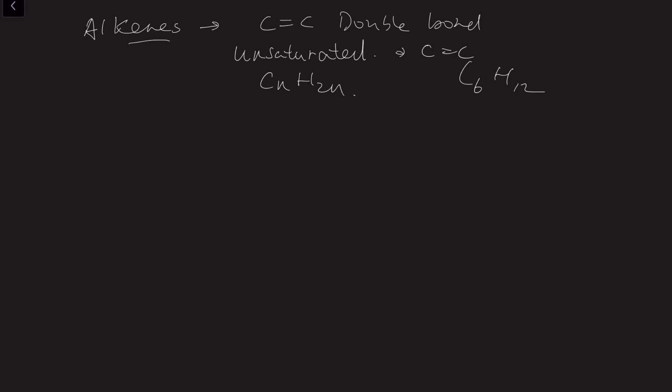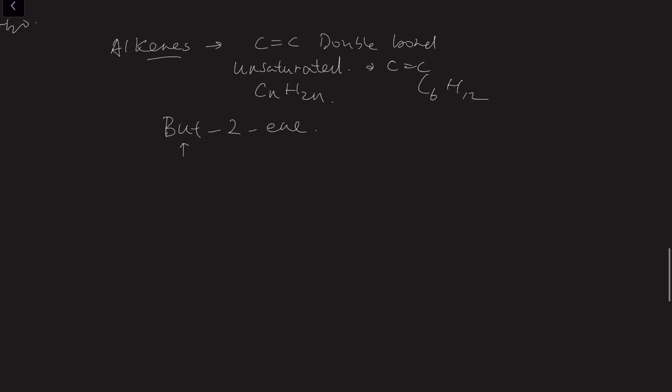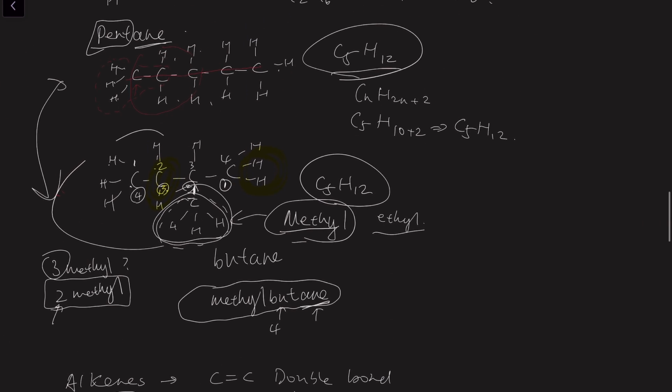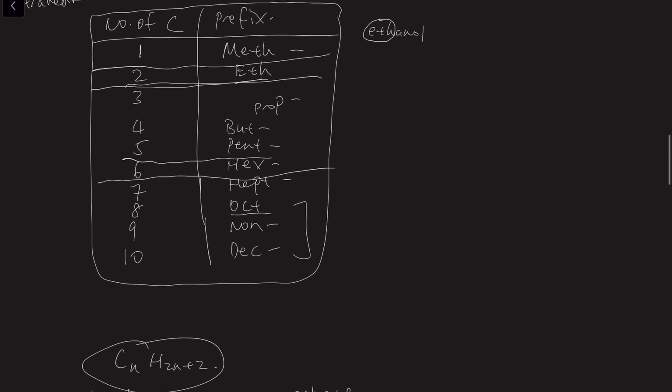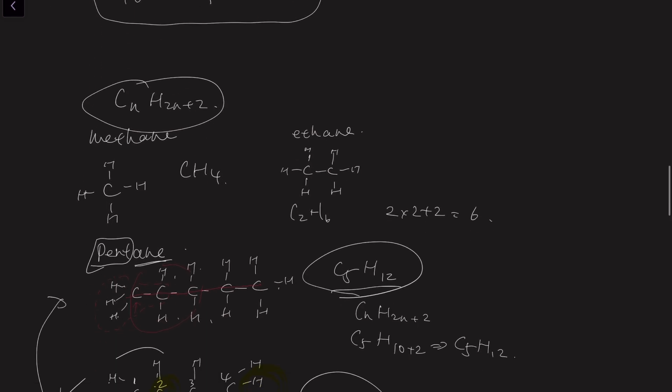So now let's draw one of the alkenes. But-2-ene. So let's have a look and try to understand what this is saying. So but, when we refer back to our previous table, corresponds to 4 carbon atoms.